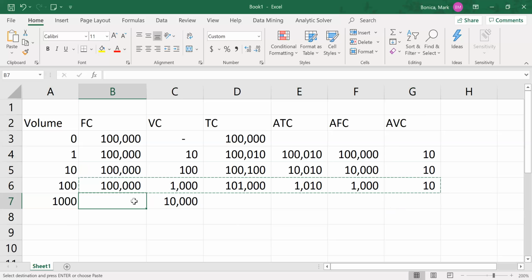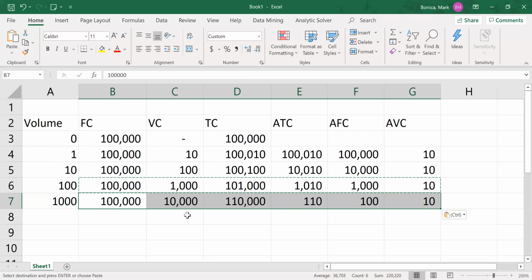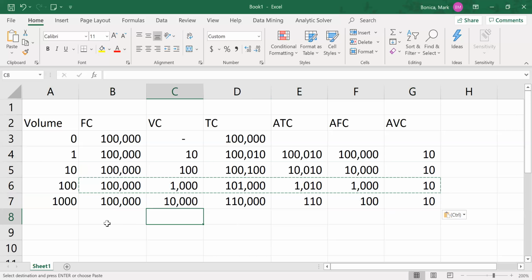Thank you, Krista. At 1,000, my variable cost, 1,000 times 10, 10,000. My total costs have now gone from 100,000 to 110,000. But check this out. My average total cost has gone from 100,010 to 10,010 to 1,010 to 110.